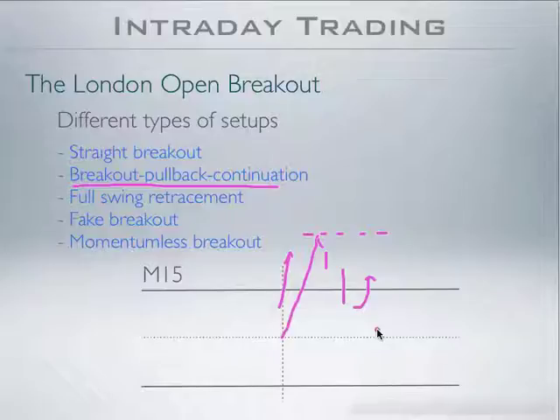The whole point of the aggressive way of triggering this entry is to get your entry as soon as possible. On occasion, if the initial breakout move happens with quite a momentum, price can span 30 pips, easily 30-40 pips.